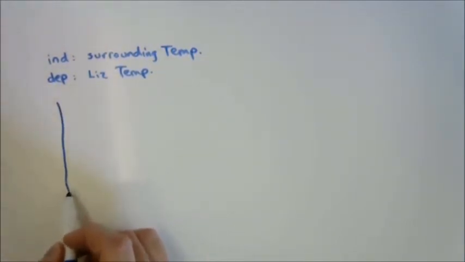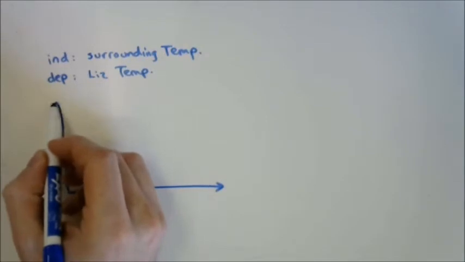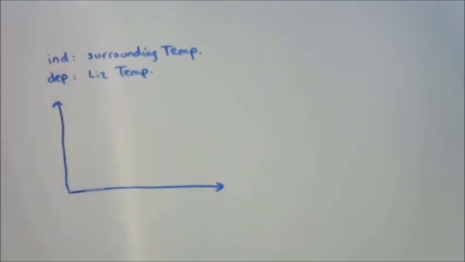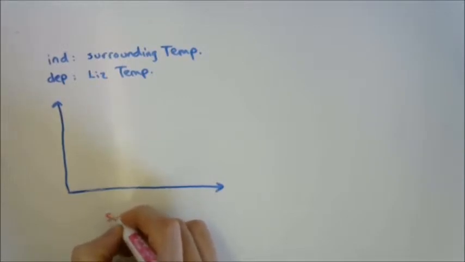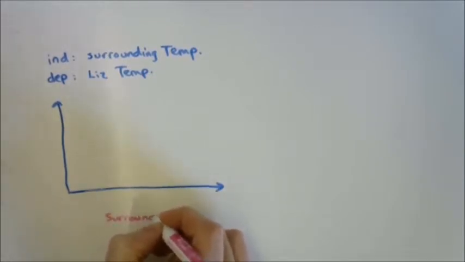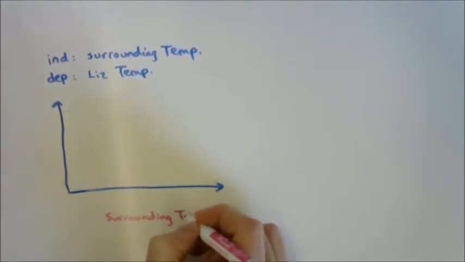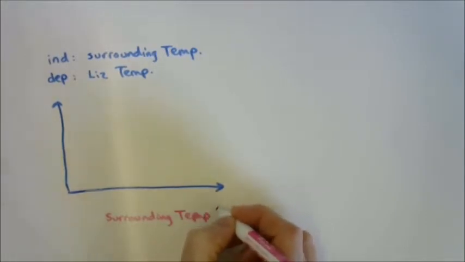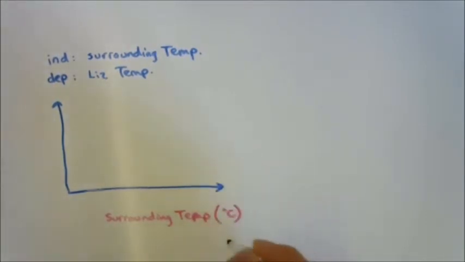I'm just going to help get you started. I'm not going to draw it because I don't have a nice grid to do it really neatly. Down here we have surrounding temp, and we want to make sure we note that it's done in degrees Celsius.